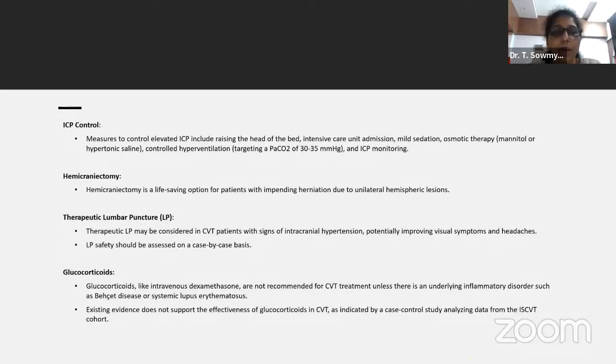The safety of the LP has to be assessed case by case. And coming to the glucocorticoids, they have no role. Intravenous dexamethasone is not recommended unless there are inflammatory diseases like Behçet's and SLE. We don't otherwise consider glucocorticoids.